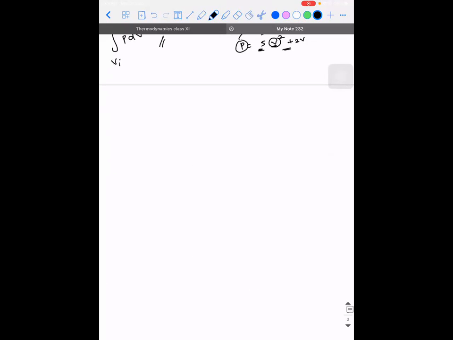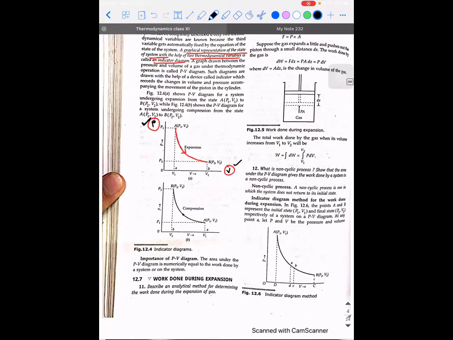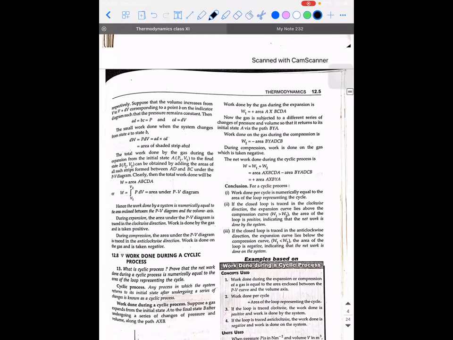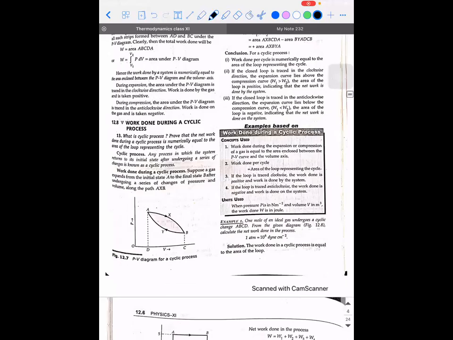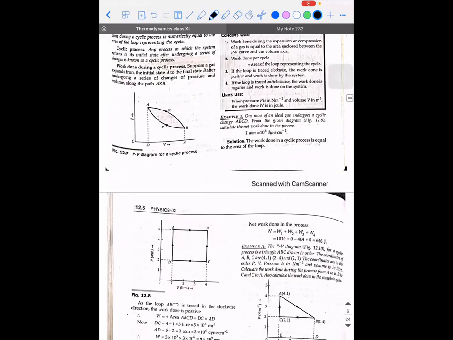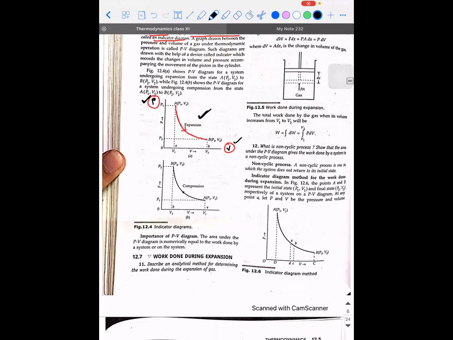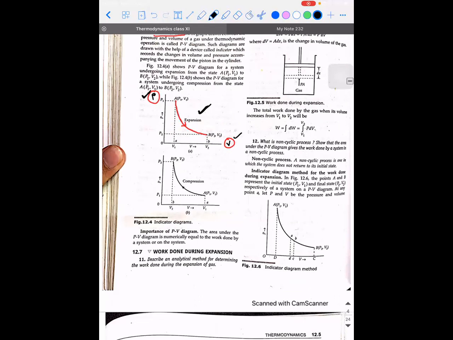Right? Now I'm proceeding with the next part. Listen. Before a simple problem, I'll do one thing. Depending on the indicator diagram, you can speak about two types of processes. One is a non-cyclic process.